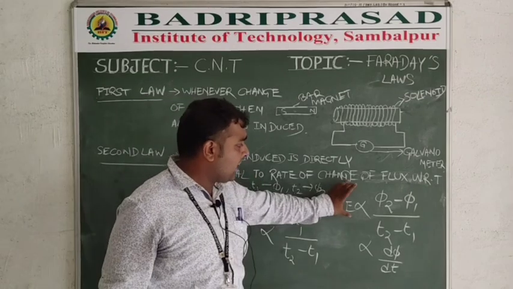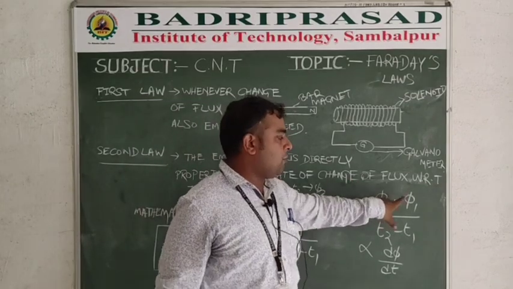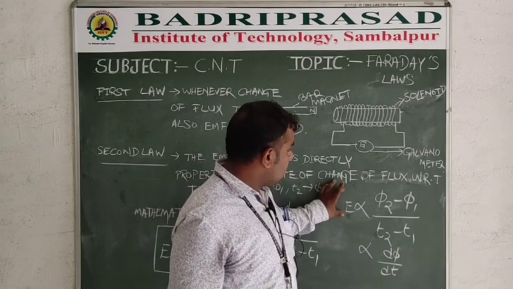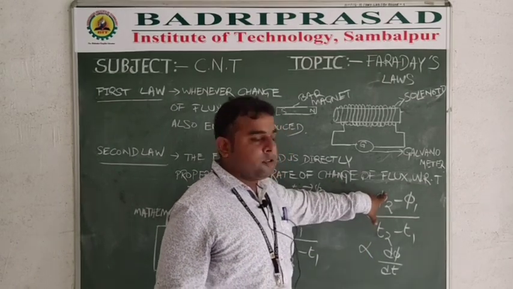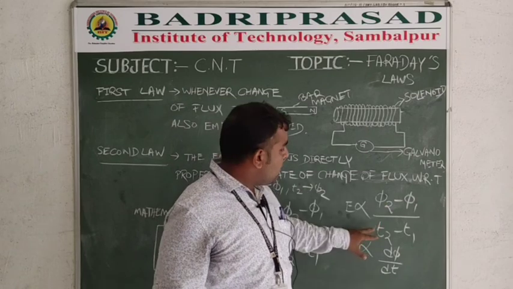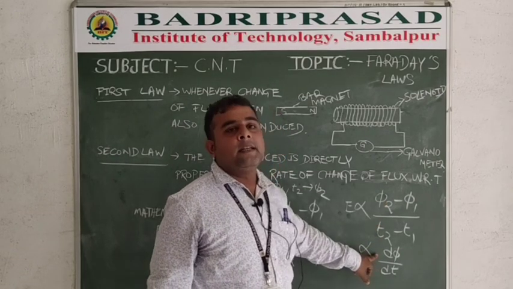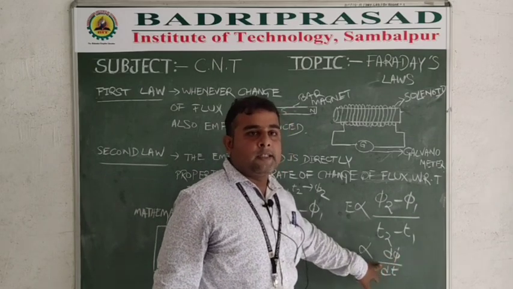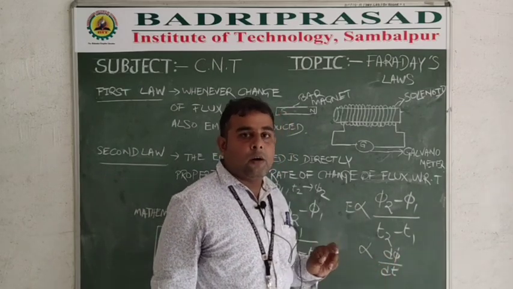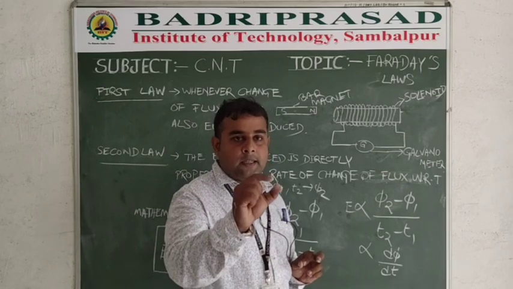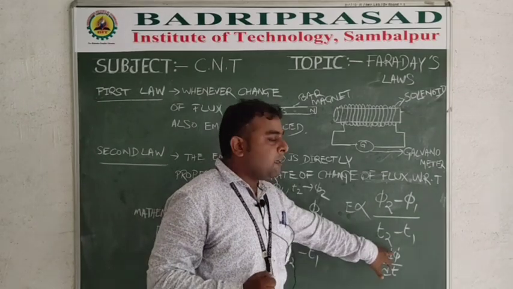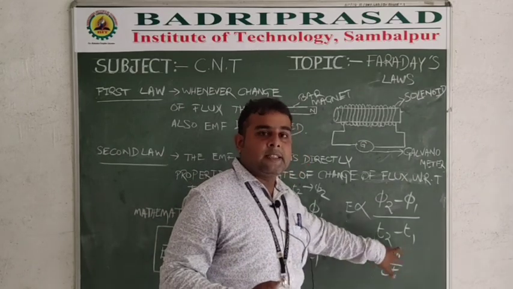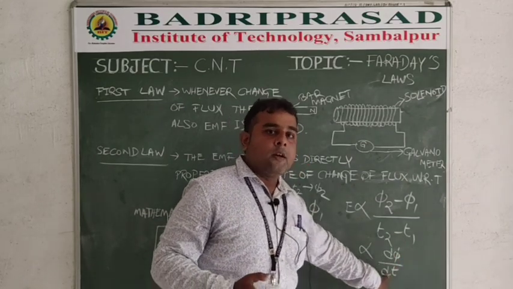Combining, we can write E proportional to (phi2 minus phi1) divided by (T2 minus T1). This is the rate of change of flux with respect to time. Symbolically, this is represented as d phi by dt, the derivative of phi with respect to t. Here the decrement or increment of flux with respect to time is the change of flux with time.